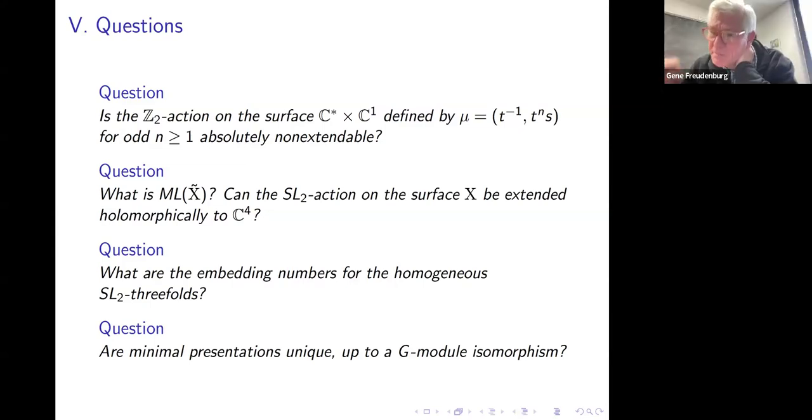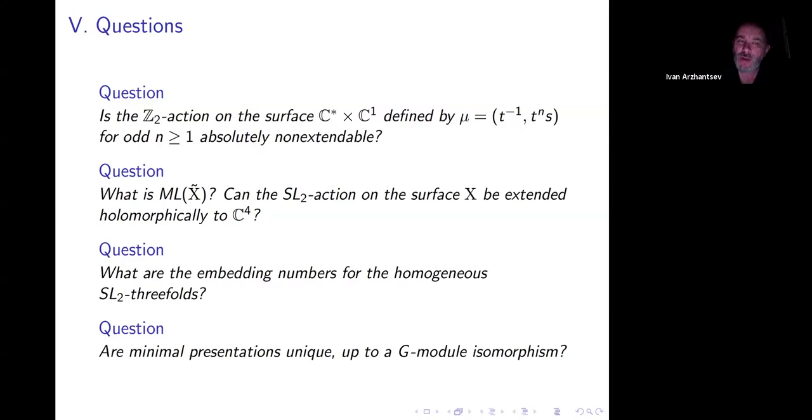Excuse me, but that's for that particular embedding, it's true. For other embeddings, maybe not, right? So this situation is somehow exceptional. What is your feeling? So usually, if you take some natural naive embedding, the action will not extend to the ambient space. What can be a prediction in general?